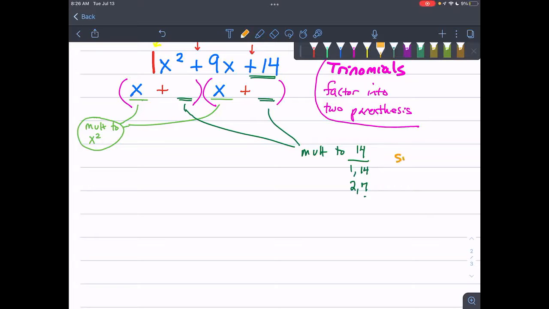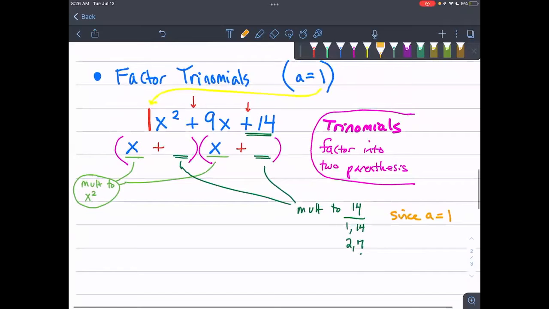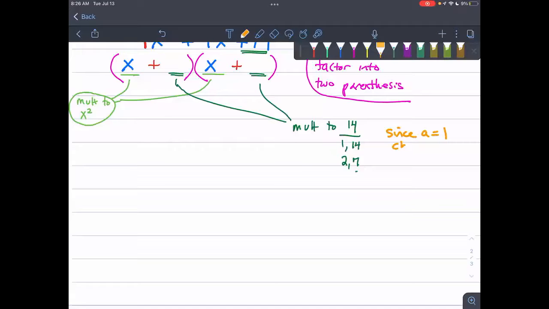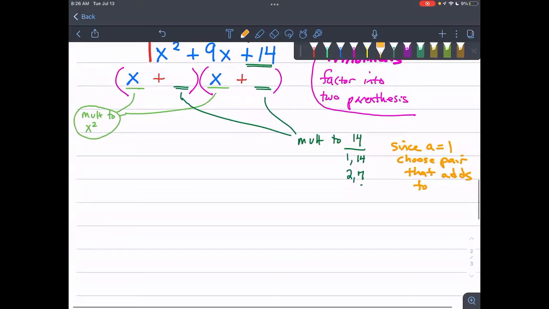But since a equals 1, like I said back before, the number in front of x squared is 1. Then we just want to choose the pair that adds to 9, which is this middle number.